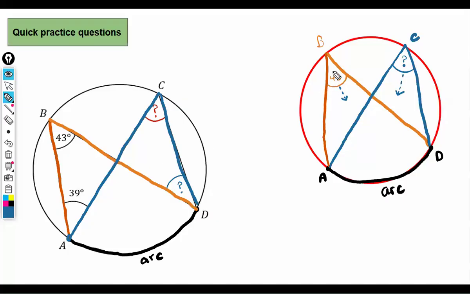That means if here's 43, according to rule 1, here's also 43. So the answer for this question mark is 43. Everyone okay with that one? You're seeing that it is actually rule 1. So here's 43.